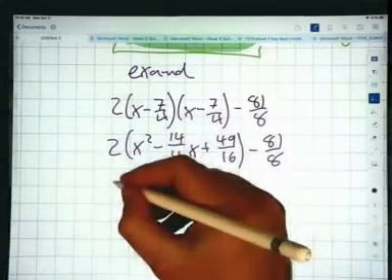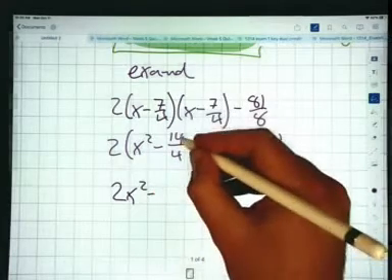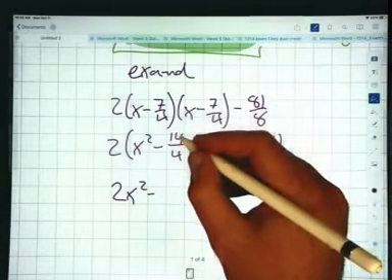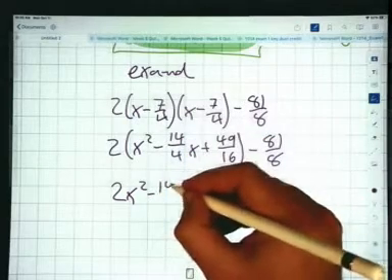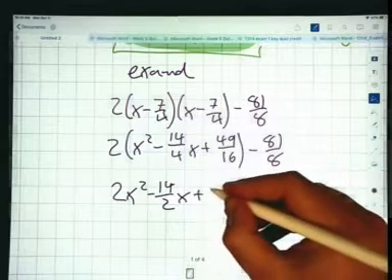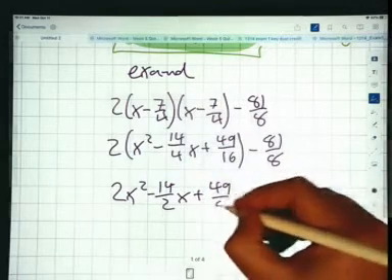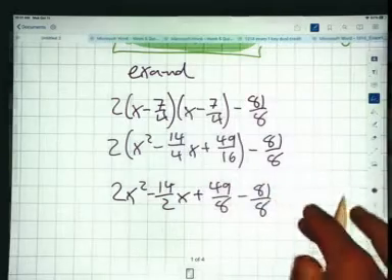Distribute the 2, so that gives you 2x squared minus 14 over 2x plus 49 over 8 minus 81 over 8.